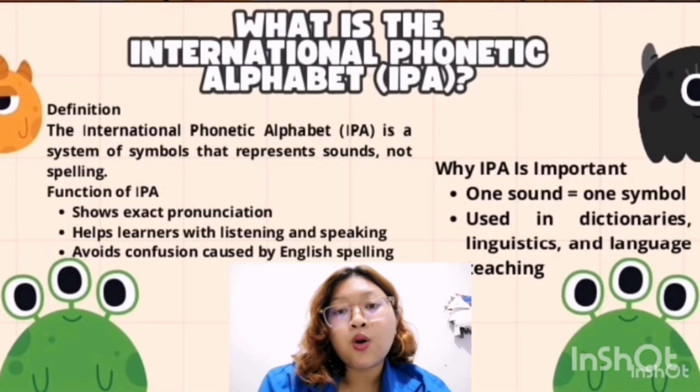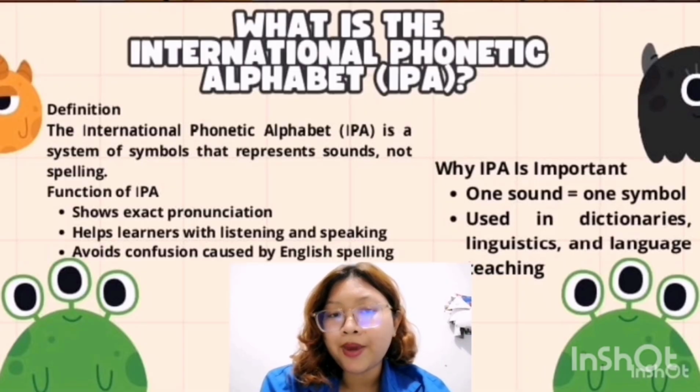What is the International Phonetic Alphabet, or IPA? The definition of the IPA is a system of symbols that represents sound, not spelling.